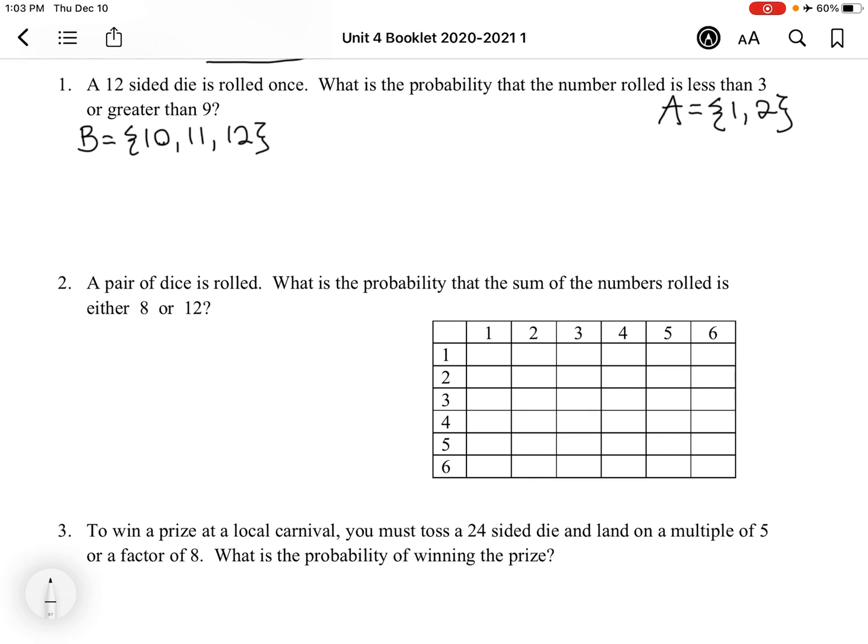Okay. If we're looking at what's the probability of A or B here, now these are mutually exclusive. We can see very clearly because we've written out the sample space, there's no common outcomes between these two events. So the probability of A or B is just the sum of their two individual probabilities.